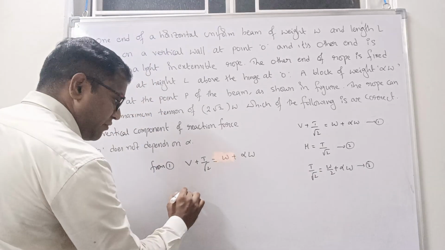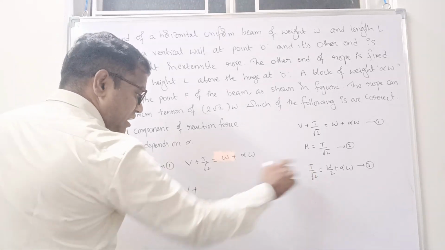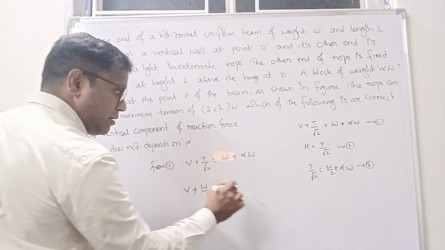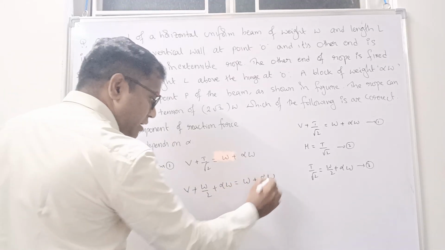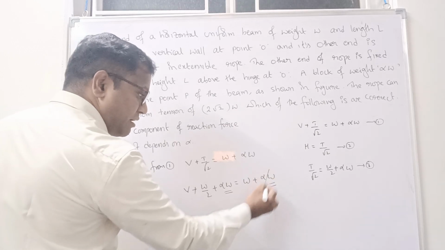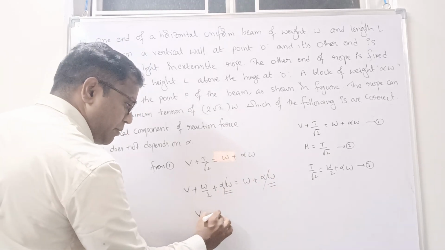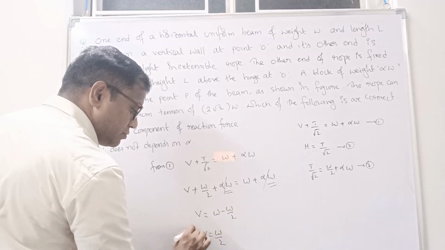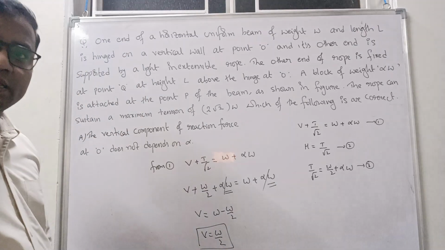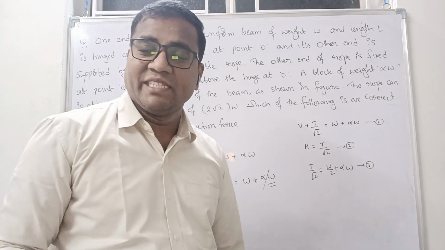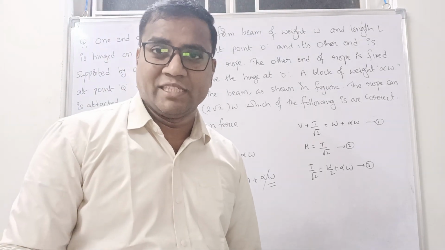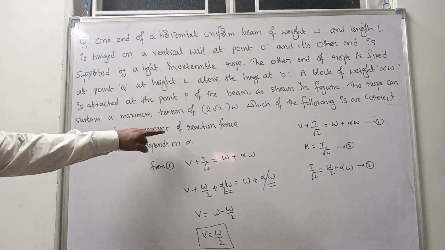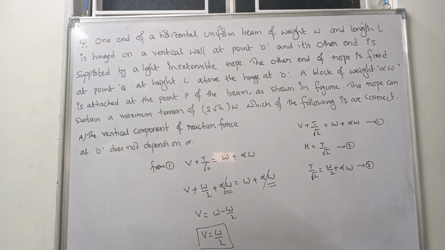T by root 2 is nothing but W by 2 plus alpha W, from the third equation. So V plus W by 2 plus alpha W is equal to W plus alpha W. Here alpha W is there, and here alpha W is there, so it will cancel. So V is equal to W minus W by 2, so V is equal to W by 2. So here the vertical component is W by 2. It is independent of alpha. So whatever the first point is saying, it is correct. The vertical component of reaction force at O does not depend upon alpha. It is true.